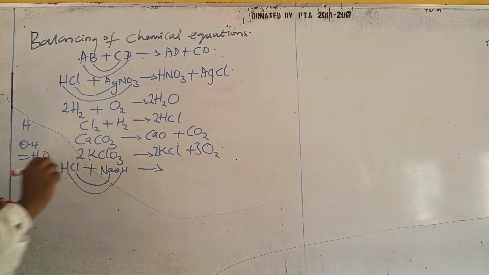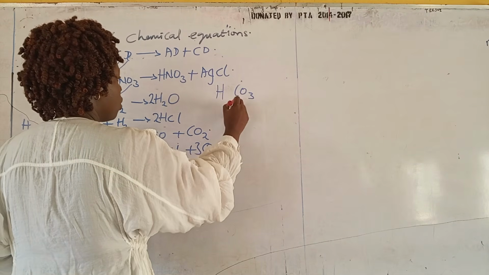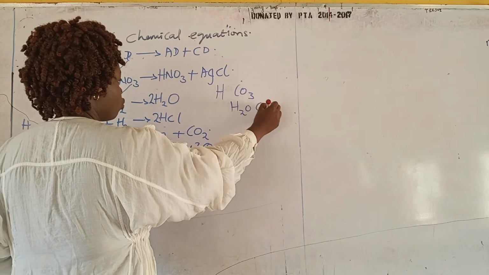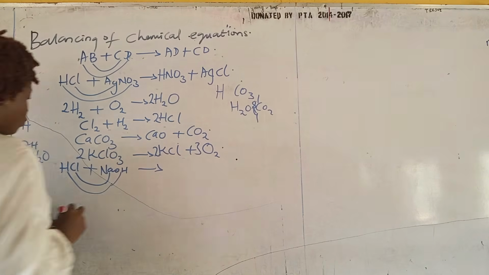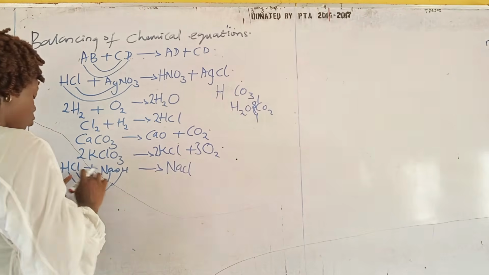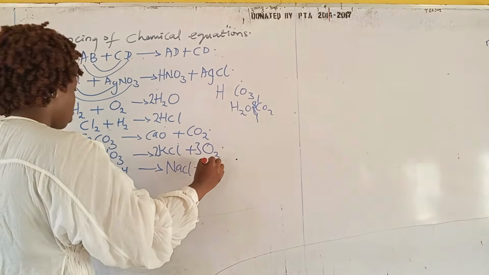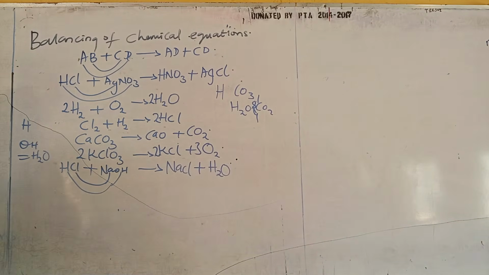And whenever you cite hydrogen somewhere and CO3 somewhere, know that water and CO2 will be formed. So just have that at the back of your mind. So I have NaCl, that's my sodium chloride, plus what? H2O. So that balances that.